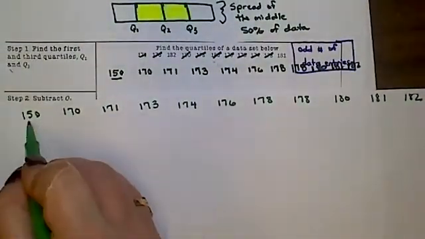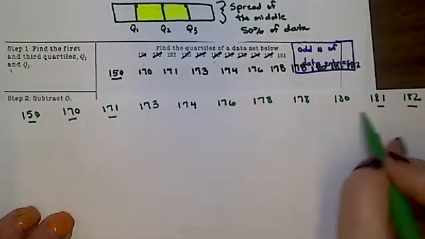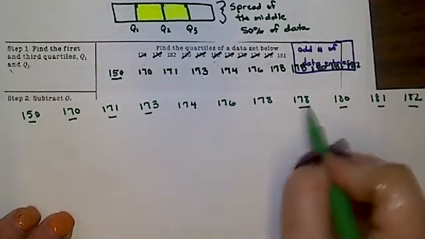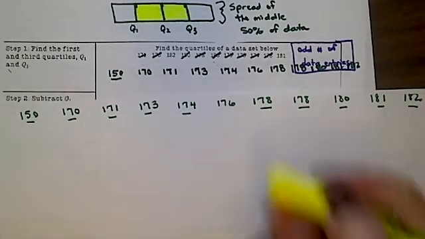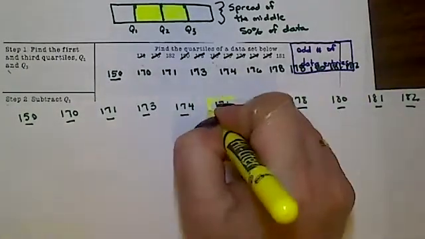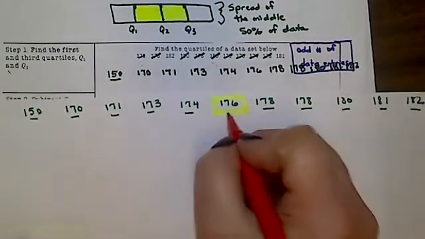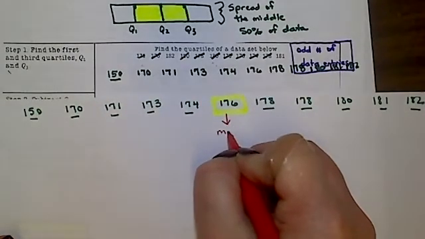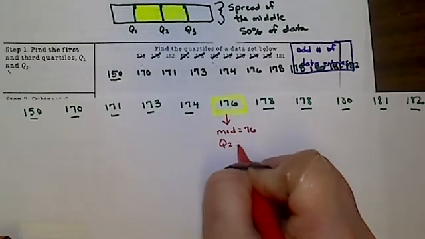Okay, so I'm going to mark these off. I'm looking for the one in the middle. So this time, that number is going to be my median, which again is Q2.